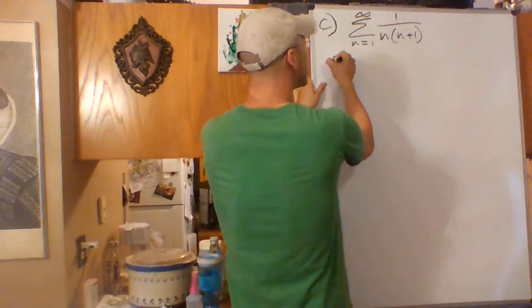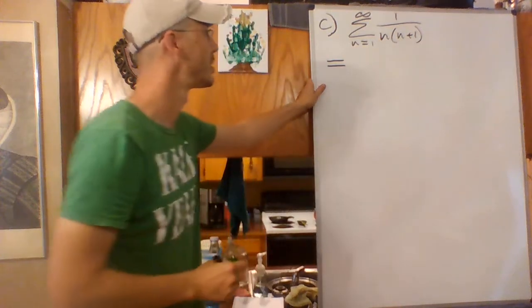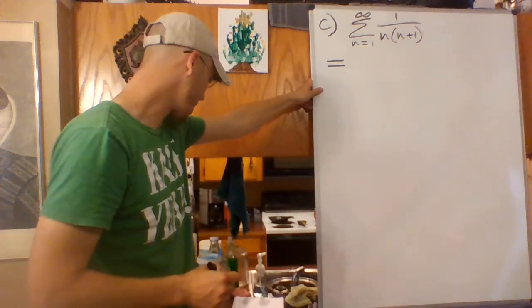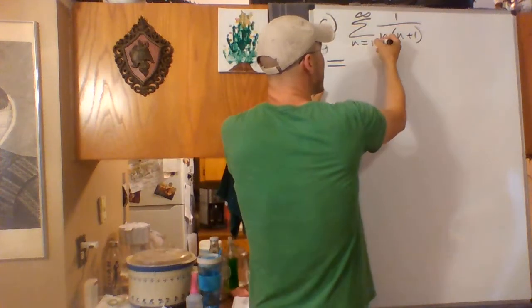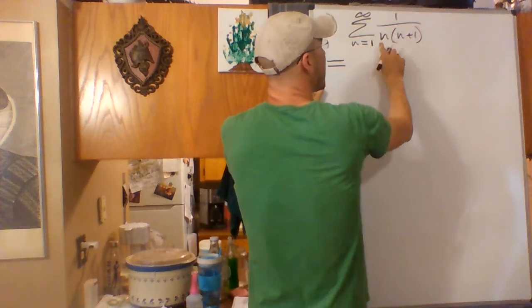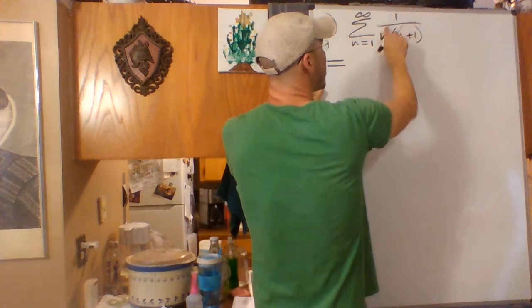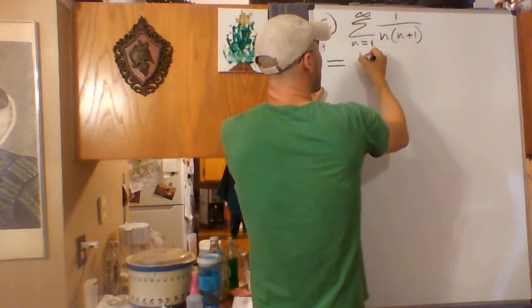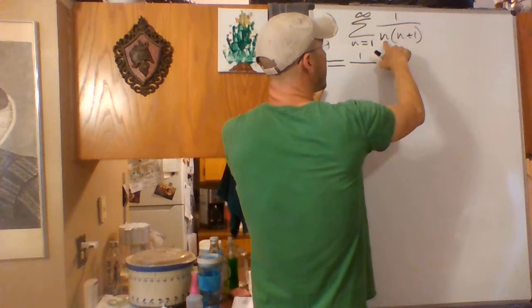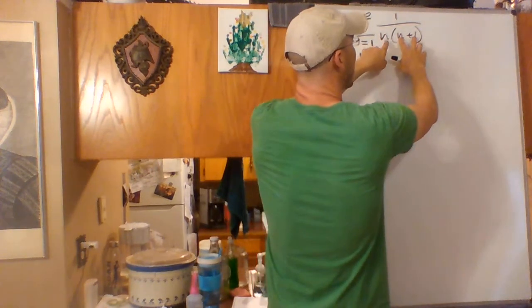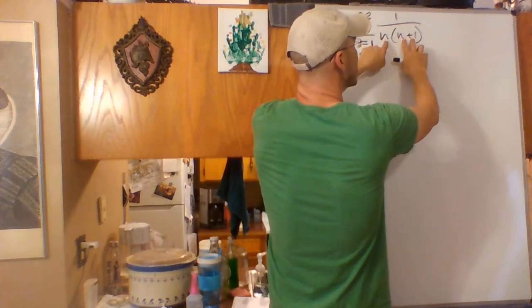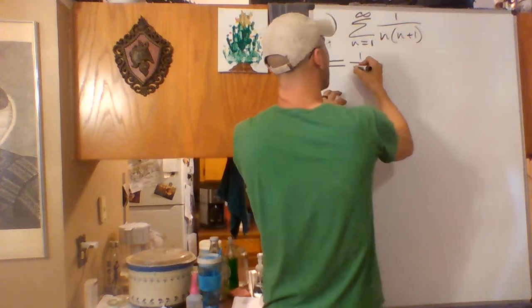Let's write it out as, what do its terms look like? Well, for n equals 1, for the first term, that's 1 over 1 times 2. N is 1, so n plus 1 is 2. 1 times 2.